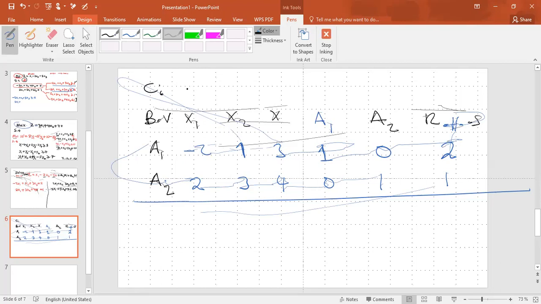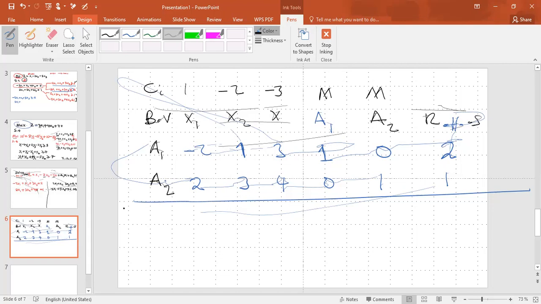So what's the coefficient of the first x in the objective function? 1. Then here x2, minus 2. Then here x3, minus 3. Then here A1, minus M. Let's just put big M since we are minimizing.